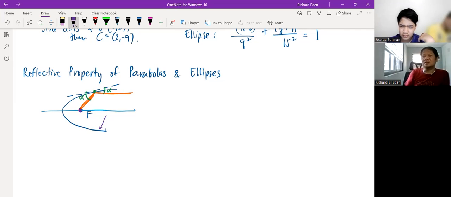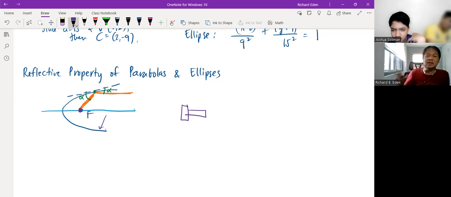So maybe kunwari light rays coming from the sun, or even a flashlight. Or even if we're not just talking about light rays, but sound waves bouncing off a satellite dish in the shape of a paraboloid. Some of them are not going to run parallel to the axis, but at least ang mga rays which are parallel to the axis, we get to focus the signal.